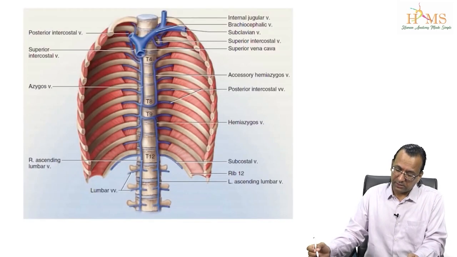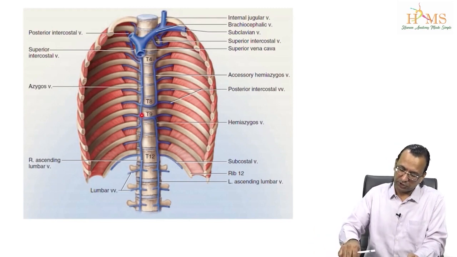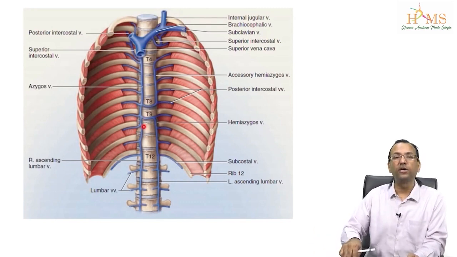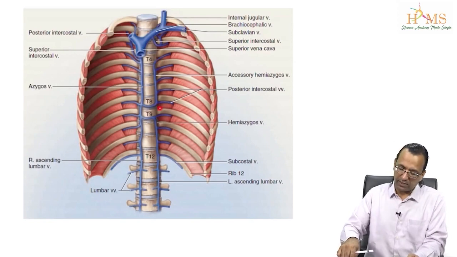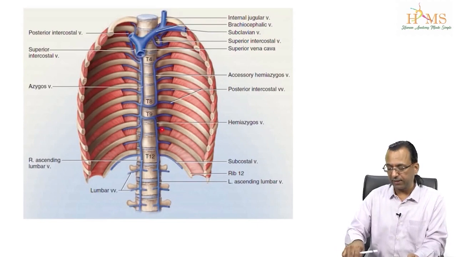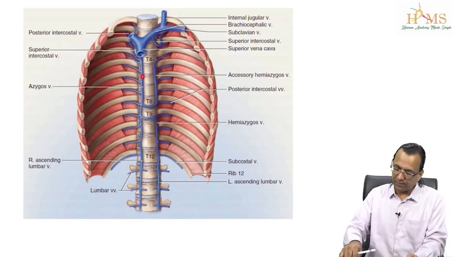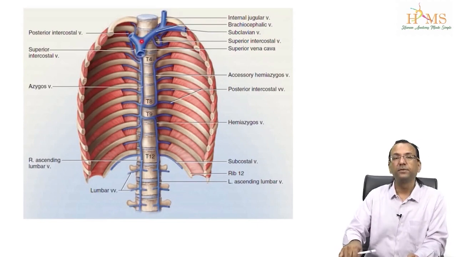You will see that there is the azygos venous system, which we need to discuss. There is the azygos vein on the right side, and then there are the hemiazygos veins, which are two in number, on the left side. Now these left-sided hemiazygos veins drain into the azygos vein, and the azygos vein will drain into the superior vena cava.